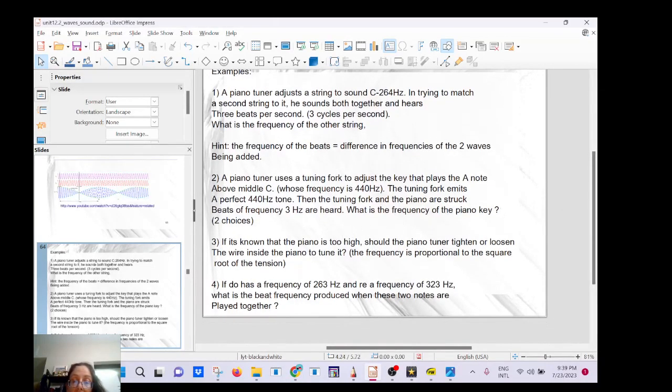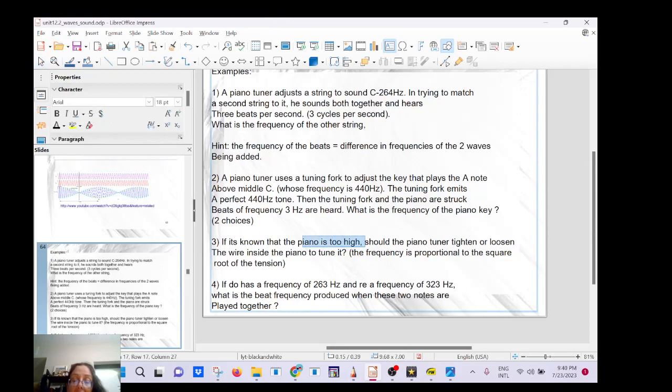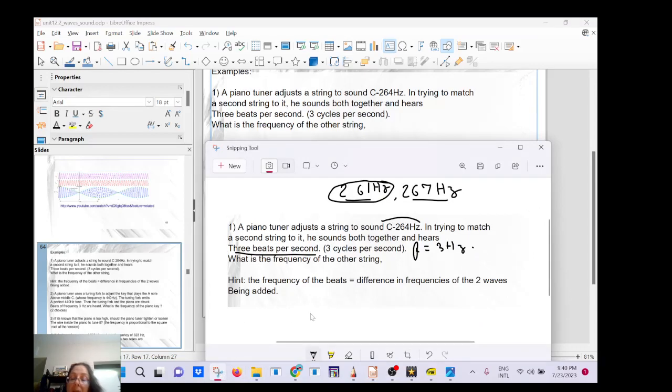So the piano is too high. Too high means the pitch is too high. So what should you do? You have to loosen the wire, okay? Because remember the frequency, when we look at standing waves for a string, for example, depends on the speed.